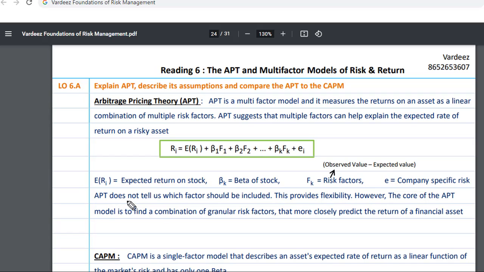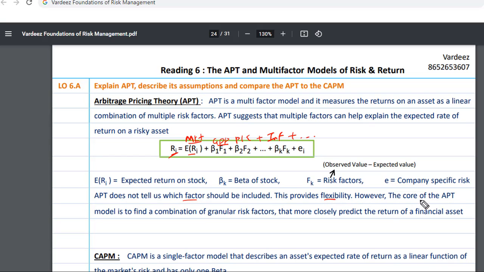Now APT doesn't tell us which factors should be included. So understand, I can include GDP as one of the factors. See, the market factor is already here, that's already included in the CAPM. I can include GDP if I want. I can include the PE ratio. Maybe if I want, I can include inflation, or some other factor that may affect my stock. So APT provides flexibility.